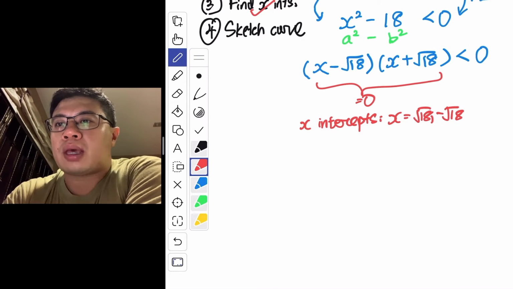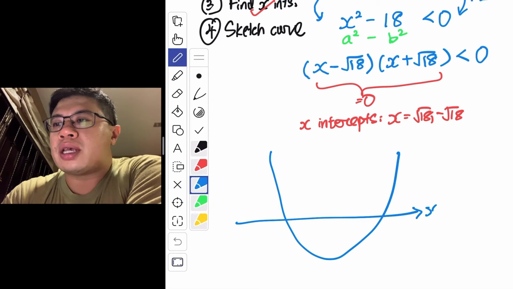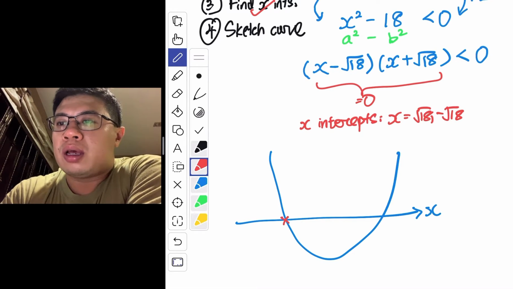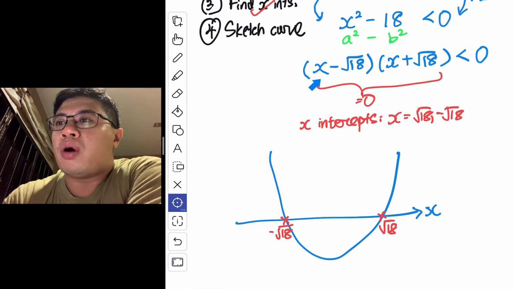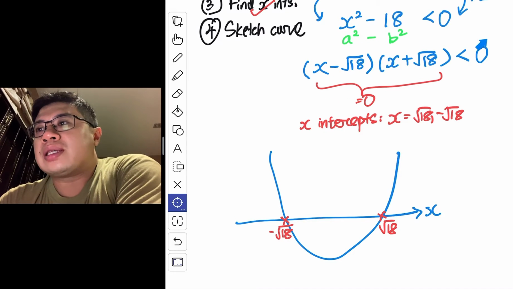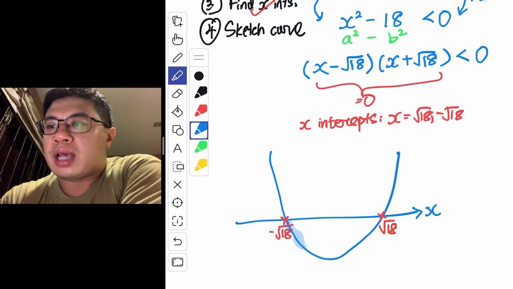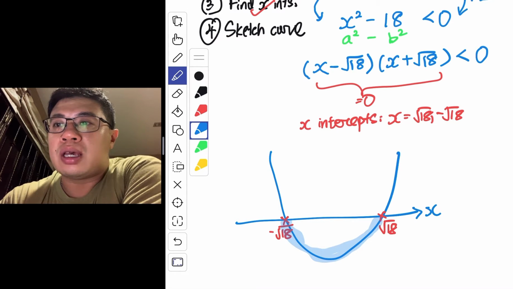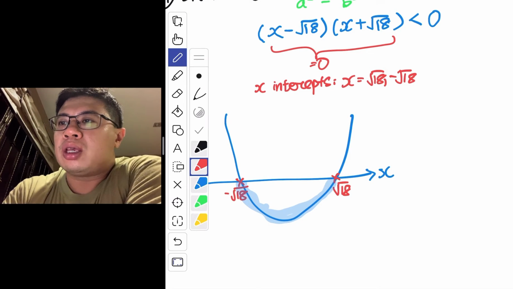Okay. After that, you sketch the curve, and where are the x-intercepts? The x-intercepts will be negative square root 18 and square root 18. And since you are looking for the region where your graph is less than 0, it means that you are looking for the region where your graph is underneath the x-axis, right? So recall again, when we talk about less than 0, it means that you relate 2 things.